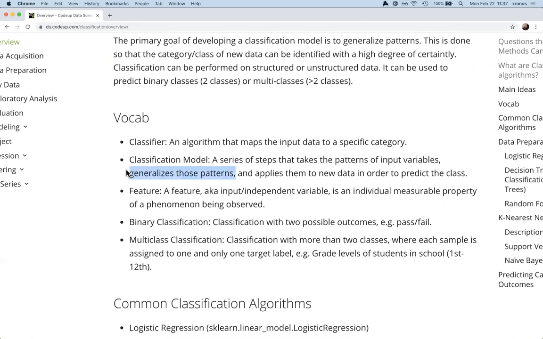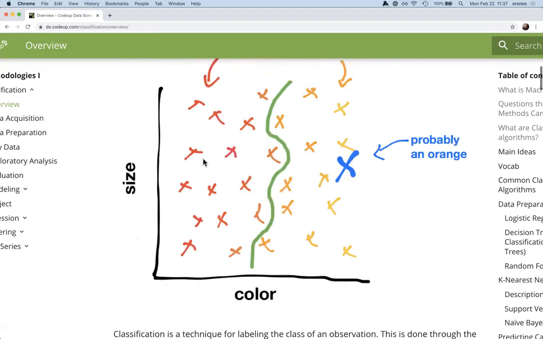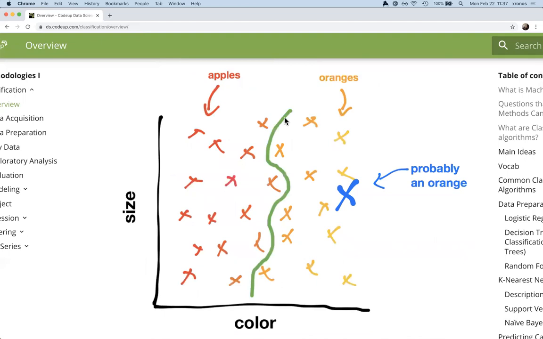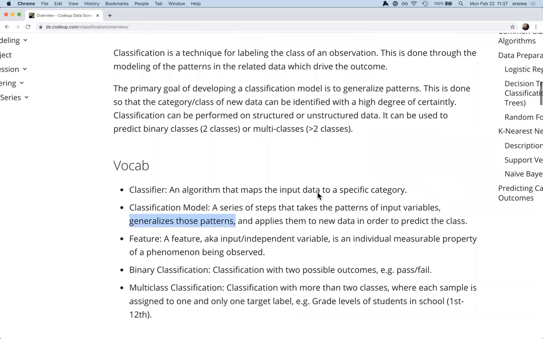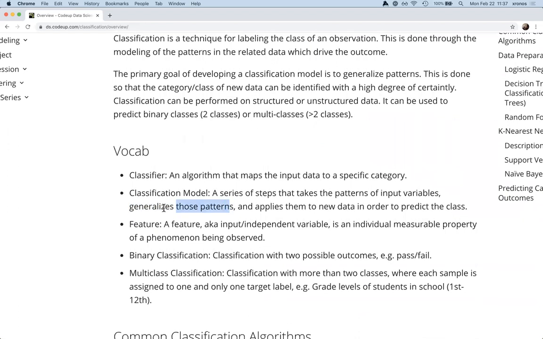That's how that process of generalization works. As soon as our model draws the decision boundary, we have a way of classifying future data points, right? So generalizing the pattern means making our decision rule. And then we apply that decision rule to our new data to try and predict the class.